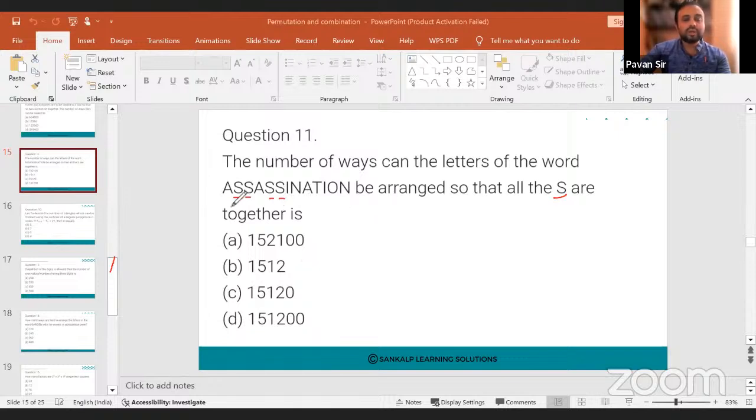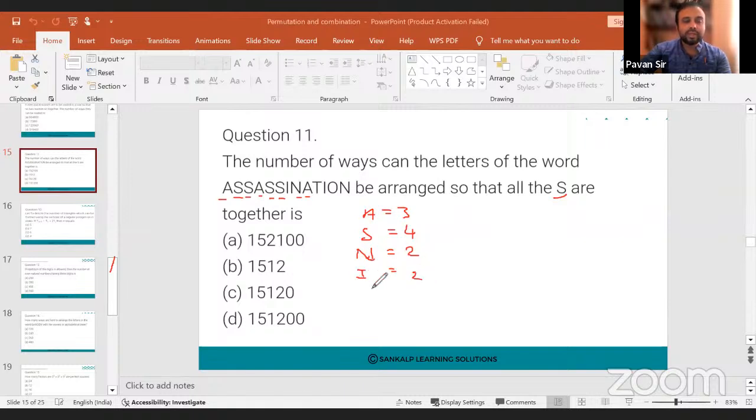So try to calculate how many A's are there. First we start with A: 1, 2, 3. So A is equal to 3. And next one, S is equal to 4, already we calculated. Then next is N. N is equal to 2. I is also 2.